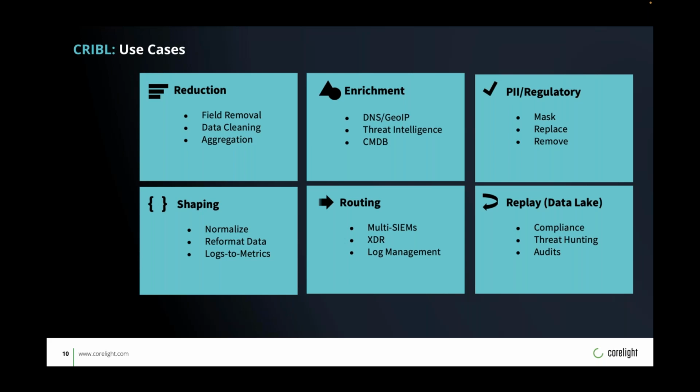So we take this data and store it in your object storage, your S3 buckets, etc. But more importantly is the way we store this data: as is, in its raw format.